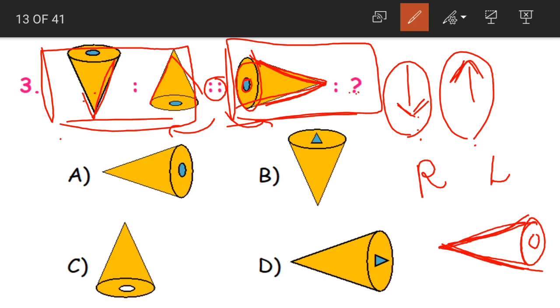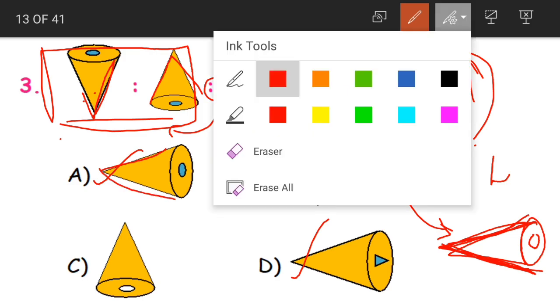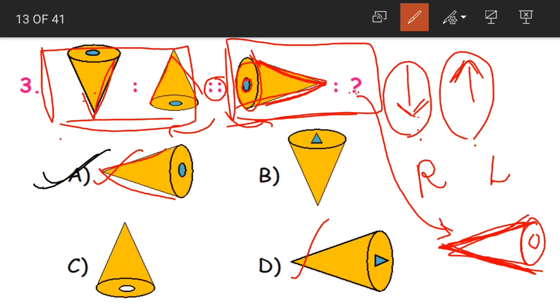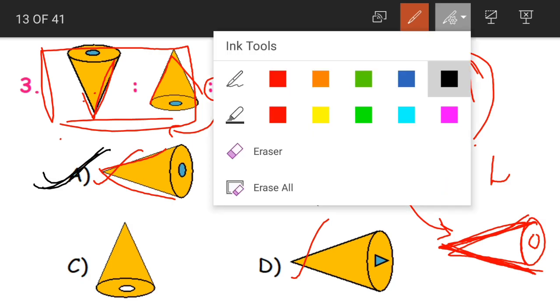So this should be our diagram which completes the given analogy. From the given options, which is the correct one? If you observe, both option A and option D have the pointiness facing towards the left side. But from these, only our option A is our correct answer. Why? Because of the small detail, children.